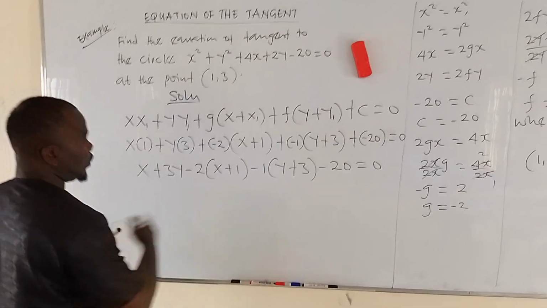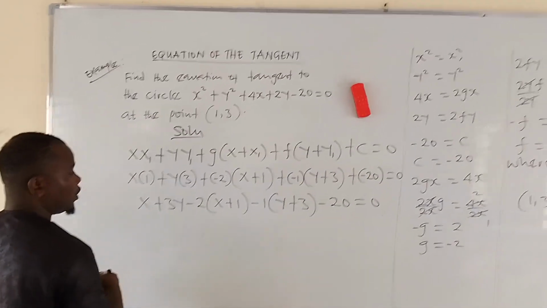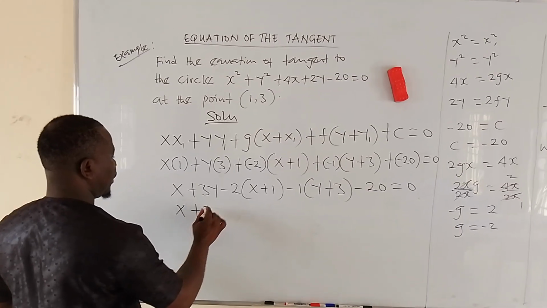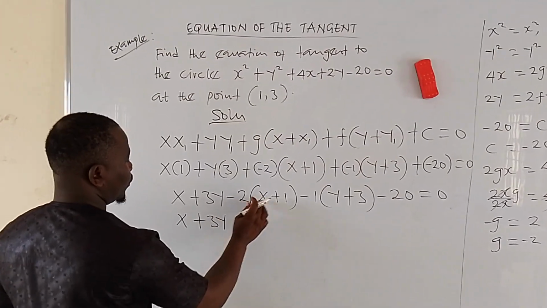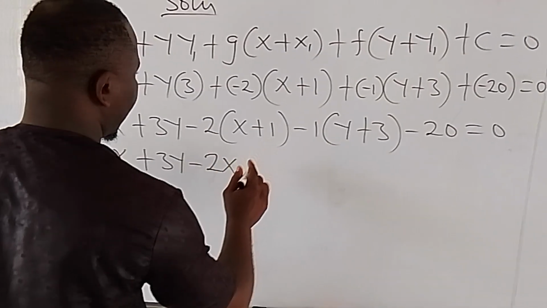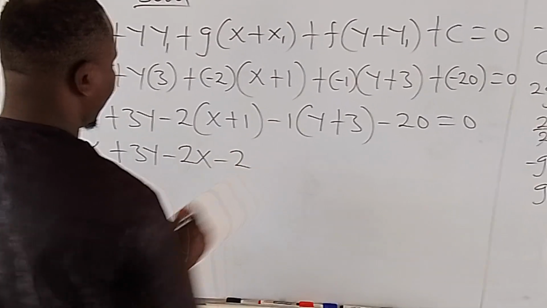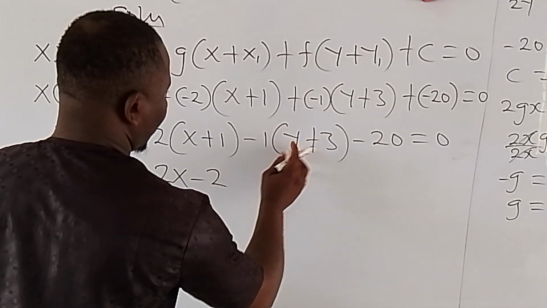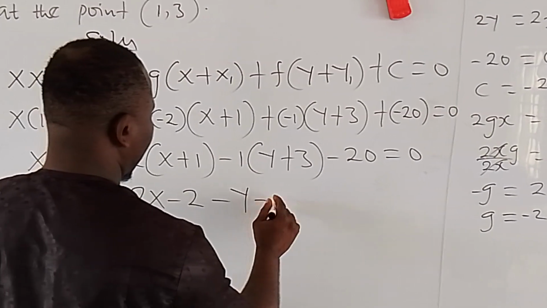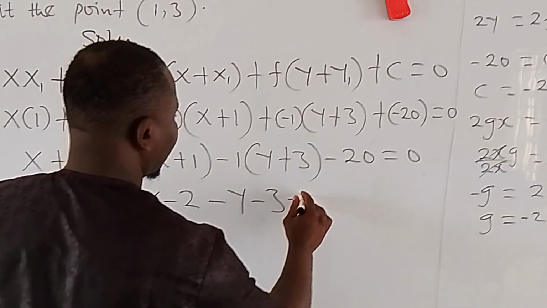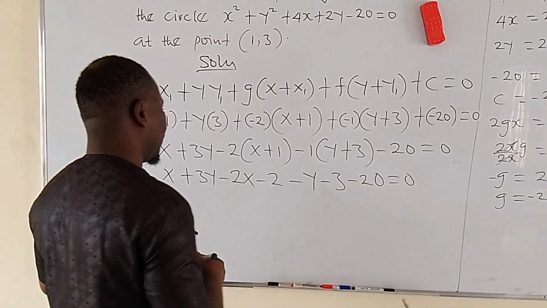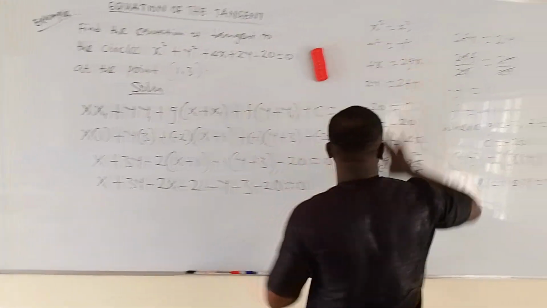So let us multiply out these two brackets. We have x plus 3y, then minus 2 multiplied by x gives minus 2x, minus 2 multiplied by plus 1 gives minus 2. Then minus 1 multiplied by y is minus y, minus 1 multiplied by 3 is minus 3, then minus 20 equals 0.